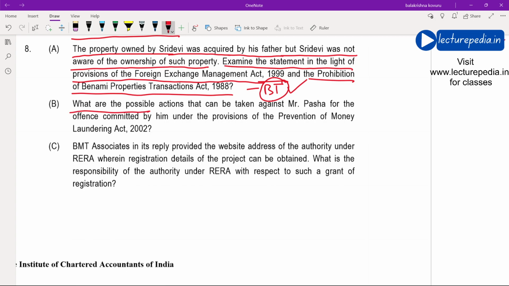What are the possible actions that can be taken against Mr. Pasha for the offence committed by him under the provisions of Prevention of Money Laundering Act 2002? Basically what happens is, this Mr. Pasha purchases a property in US for 3 lakh US dollars.